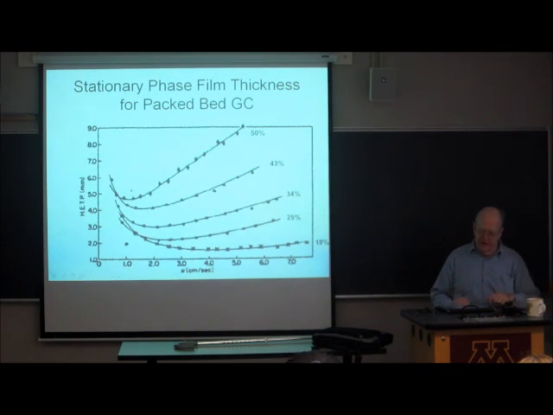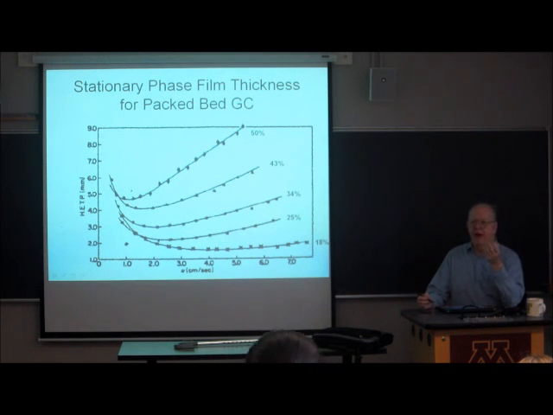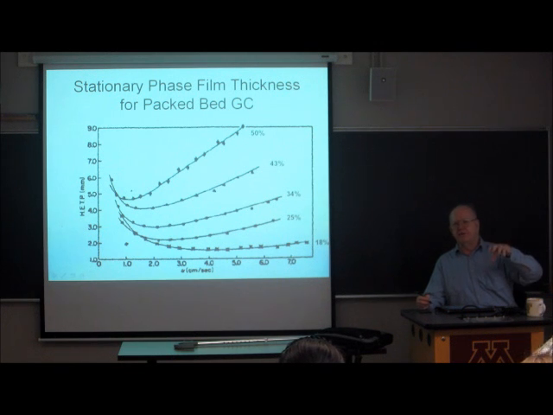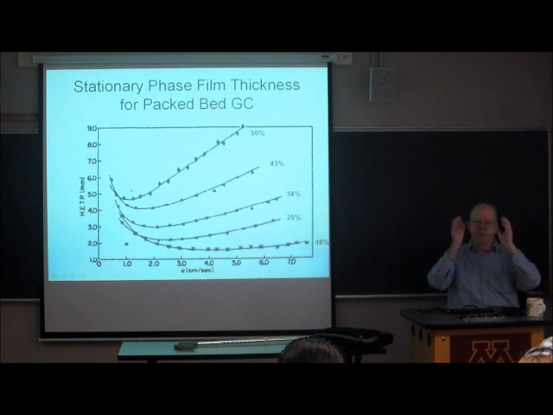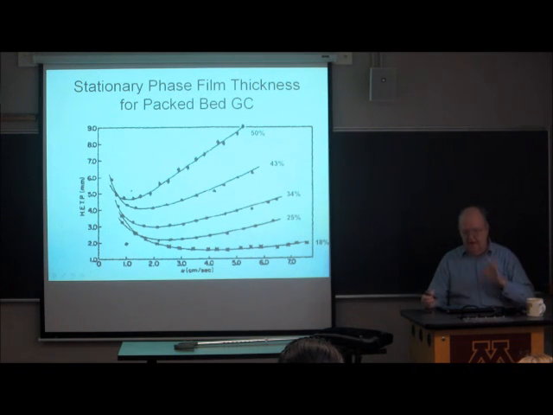Here's an analogous plot for packed-bed GC. This is not an open tube GC. This is, say, a 1/4 inch ID tube packed with particles, and then the stationary phase is impregnated into the particles, and then those particles are somehow gotten into the column. And that's a real art. The particles are the same in all of these curves.